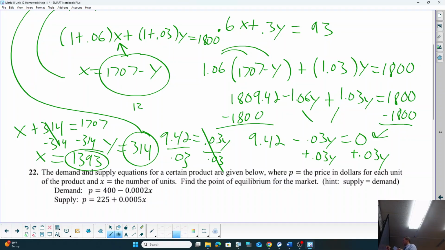Probably accept either answer. So 1393 times the 1.06 interest is 1476.58. And we got the other one, which is 314 times the 3% interest, 1.03, is the 323.42. 323.42 for our dollars.